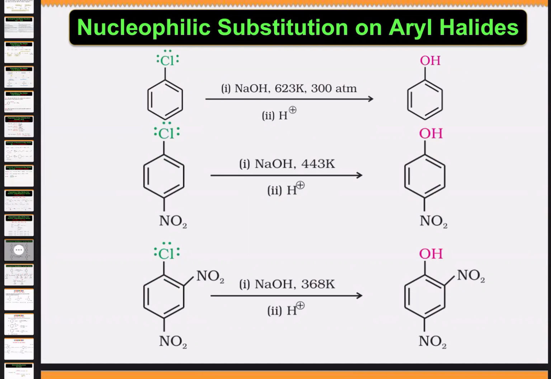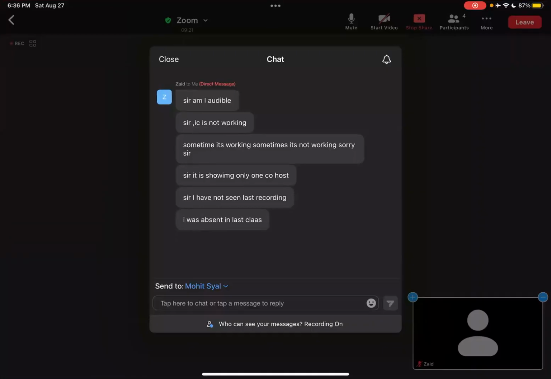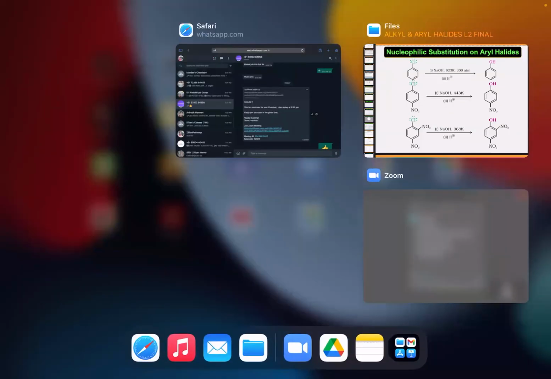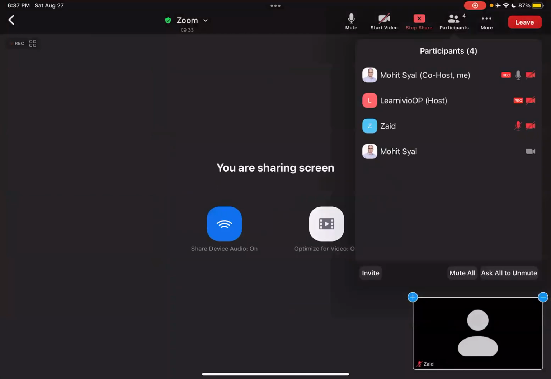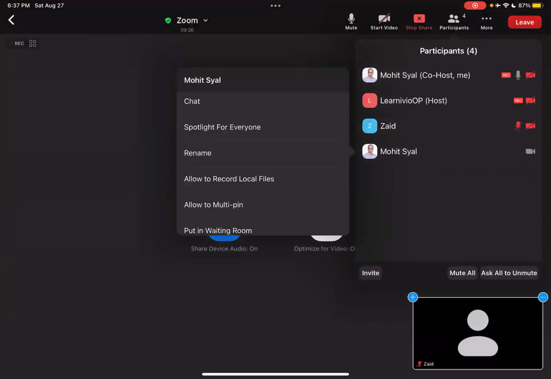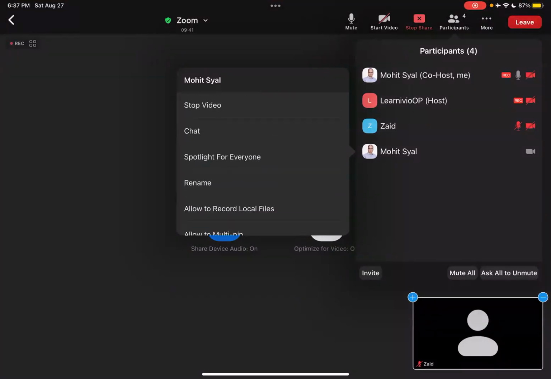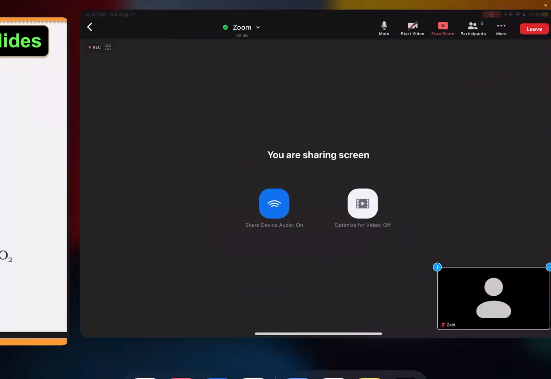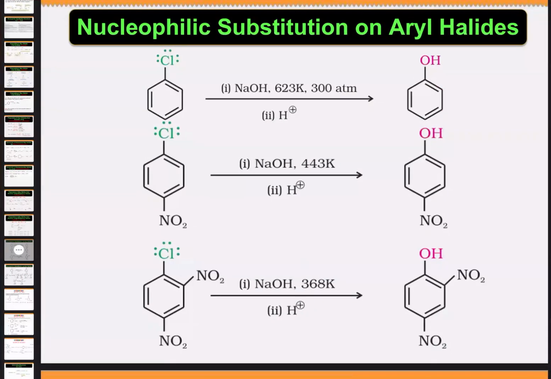So in this nucleophilic aromatic substitution reaction, what we have seen in the last class was that if you have chlorobenzene and if you take NaOH, the Cl is substituted by OH group.